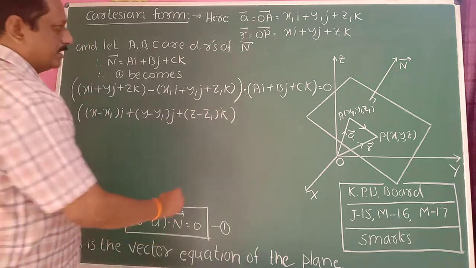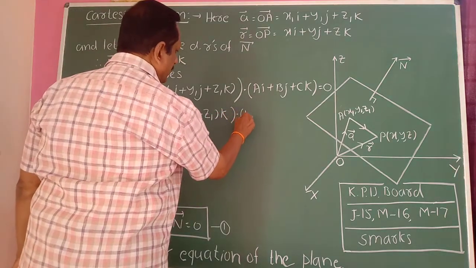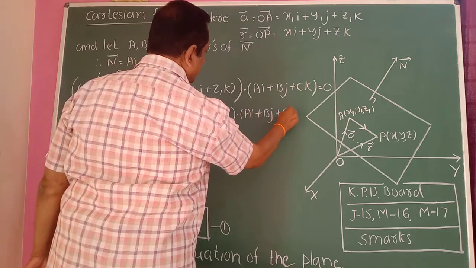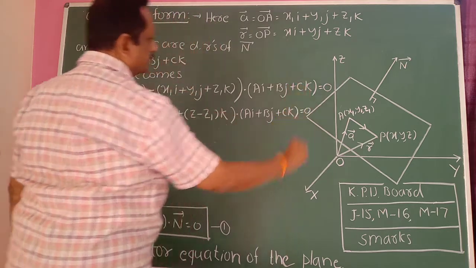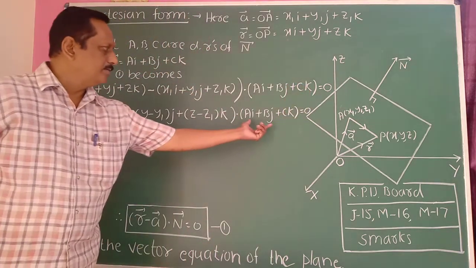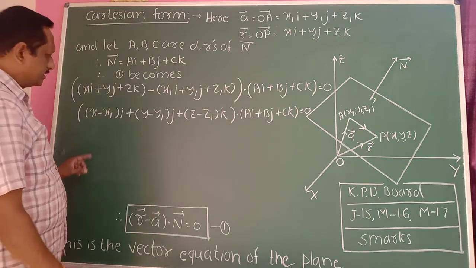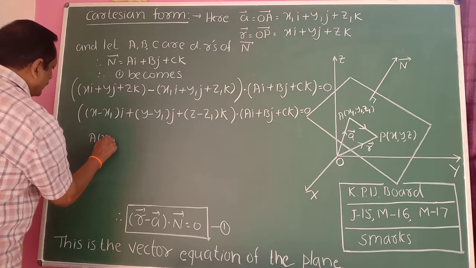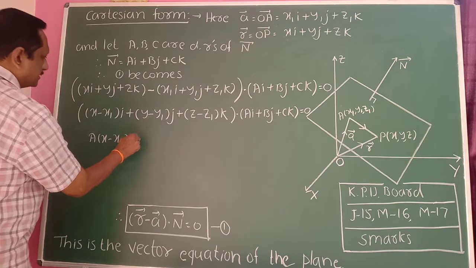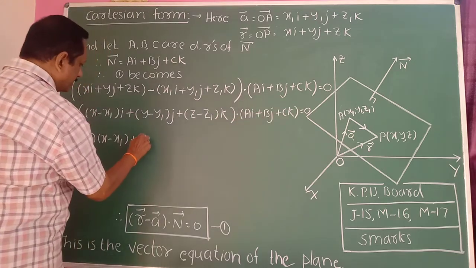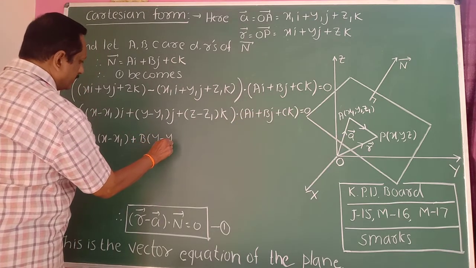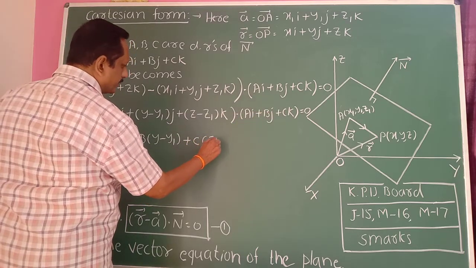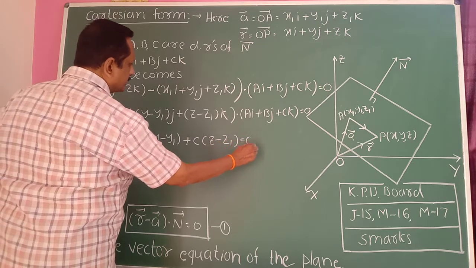Then dot with a i plus b j plus c k equals 0. The dot product of these vectors is given by this into this. So a into (x minus x1), plus b into (y minus y1), plus c into (z minus z1) is equal to 0.